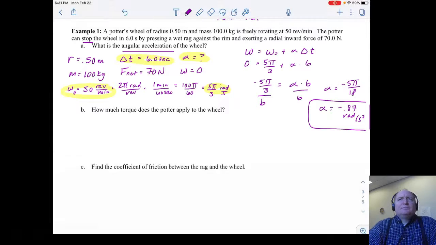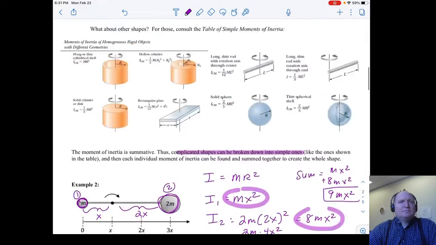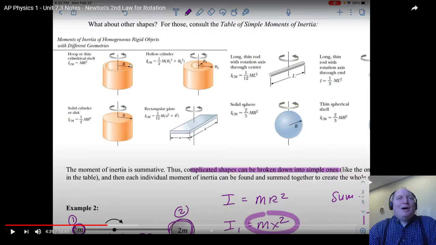Okay, so in order to figure this out, I'm going to say that net torque is equal to moment of inertia times angular acceleration. The moment of inertia, this object is a disk. So if I go back to my... Wow. This image is so familiar to me.